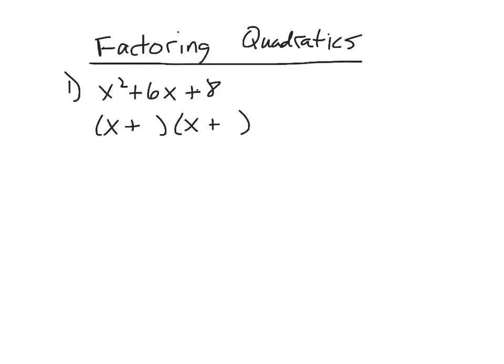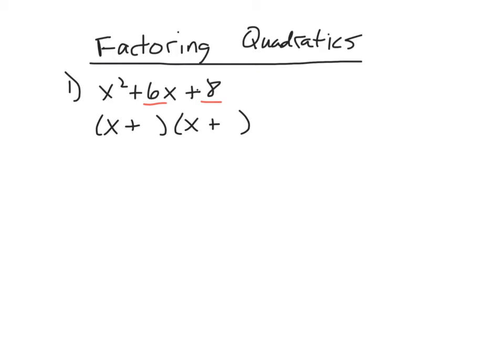Well, let's go back a little bit and think about how we got here if we were distributing. When we were distributing, in other words, multiplying these two factored forms together, what we would discover is this last term here would be this number times that number. And so I'm really trying to find factors of 8.